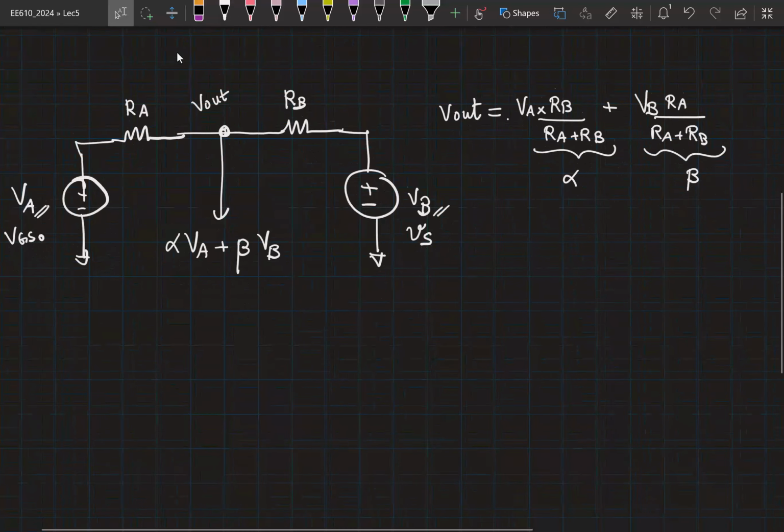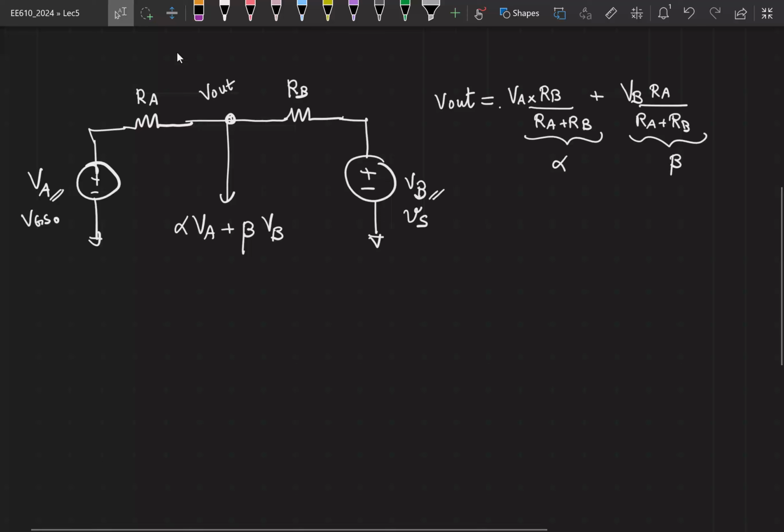So our VGS0 is basically a DC signal, that is, the frequency is equal to 0. And our VS source has some frequency, let's say omega equal to omega n. Then instead of just thinking in terms of resistances, we will bring in frequency dependent impedances.